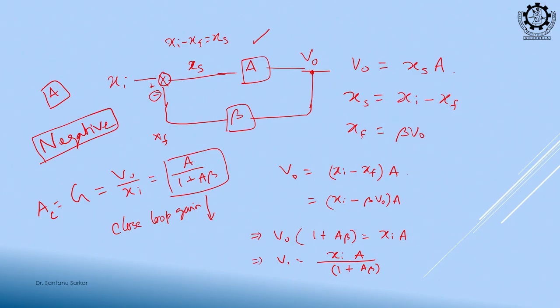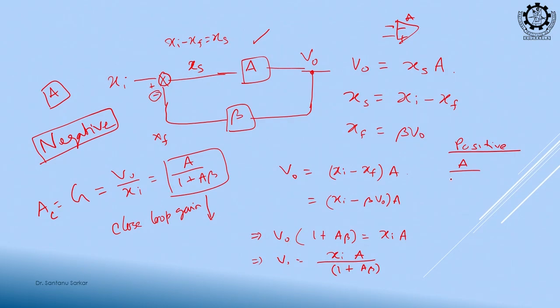One interesting thing to discuss: for positive feedback, our closed loop gain. Please do not get confused, this A is my open loop gain, suppose an op amp with nothing connected, so its gain is the open loop gain, that is my A. The moment I connect the output and input with some element, it becomes closed loop.